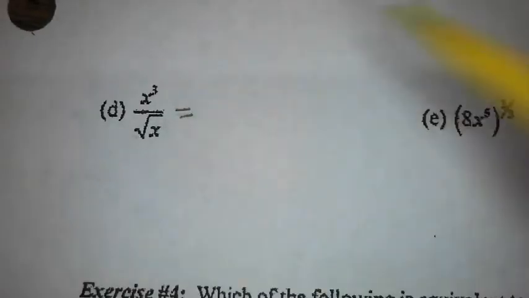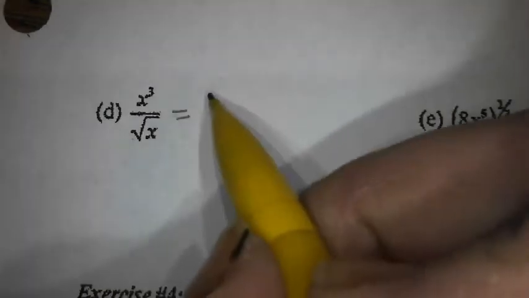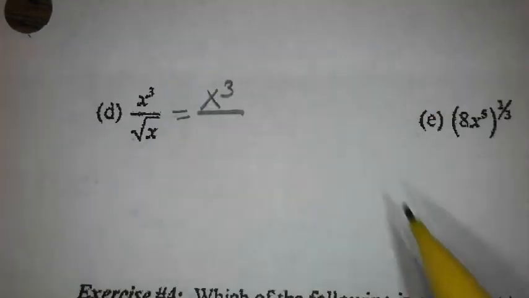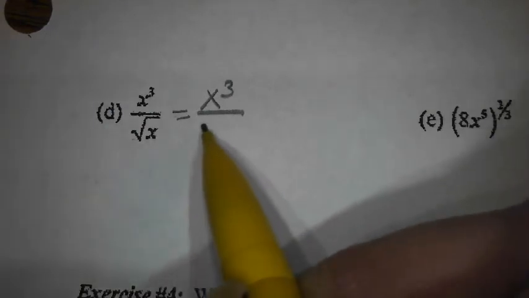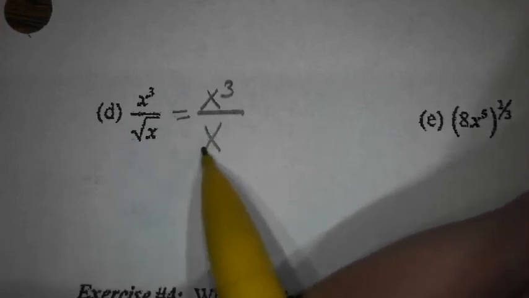It's going to be exponent rules, but there's a radical involved. Before we can apply exponent rules, we need everything to be written as an exponent. So the numerator is fine, x to the third. How do I rewrite the radical in the denominator? As a fractional exponent. X to the 1/2. Very good.